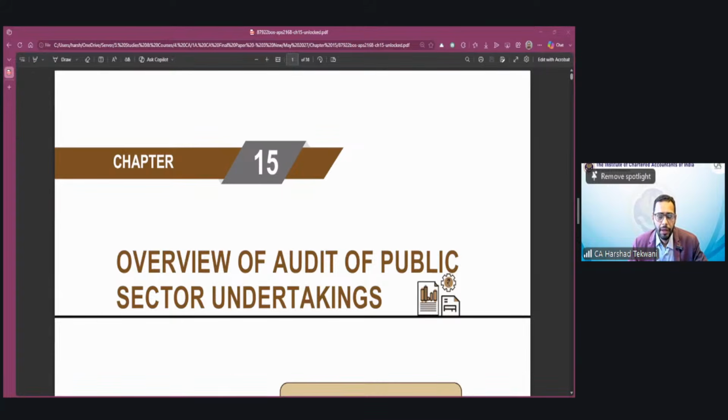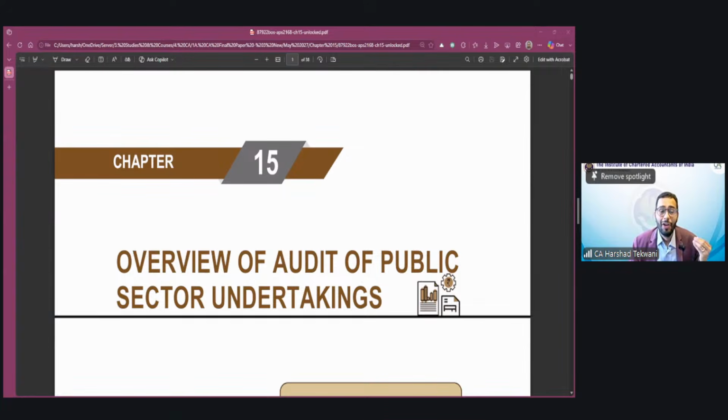Now, before I deep dive into what the public sector audit is and how the PSU audit is carried out, can anyone tell me what a public sector undertaking is? What is the crux of understanding a public sector undertaking?